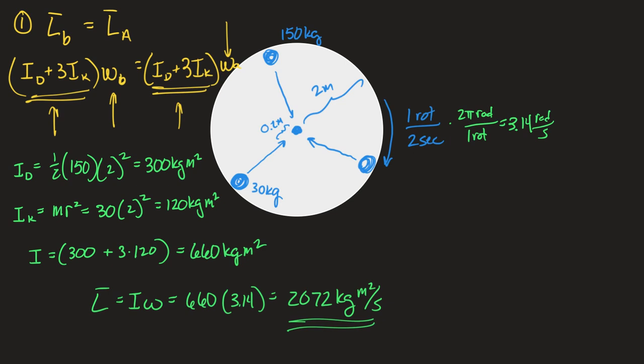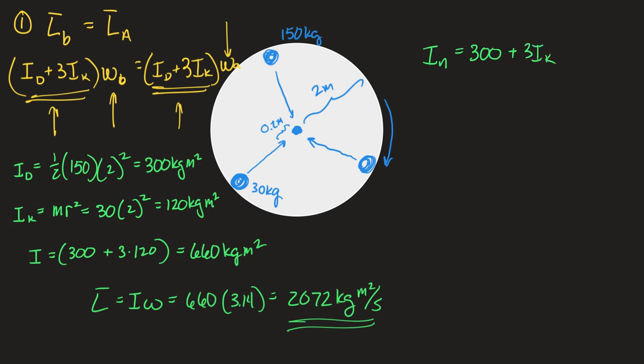So if the kids walk towards the center, the system should spin faster. Our job now is to figure out how much faster. To do that, it is the moment of inertia that is changing, so let's figure out the new moment of inertia. I still have 300 for the disk, but now 3 times the new kids.